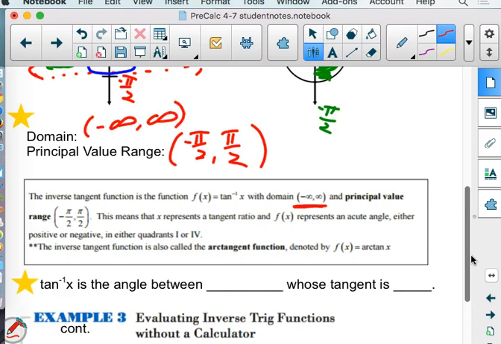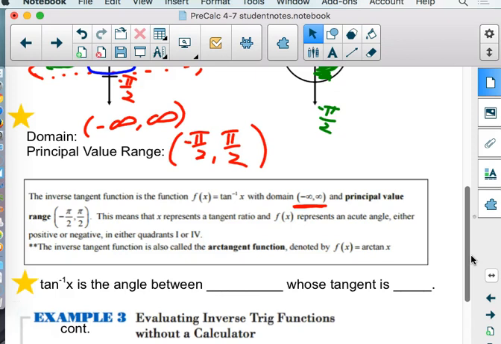Now, what does that mean to us? What it means to us is, when we said before, there were sines and cosines that we couldn't do. We had to put do not exist because they gave us numbers like 1.5. And we know we can't do that. Sine and cosine are between negative 1 and 1. Tangent doesn't have that restriction. Tangent can be anything.